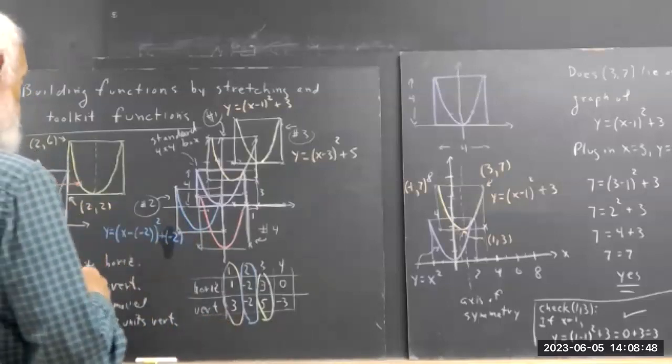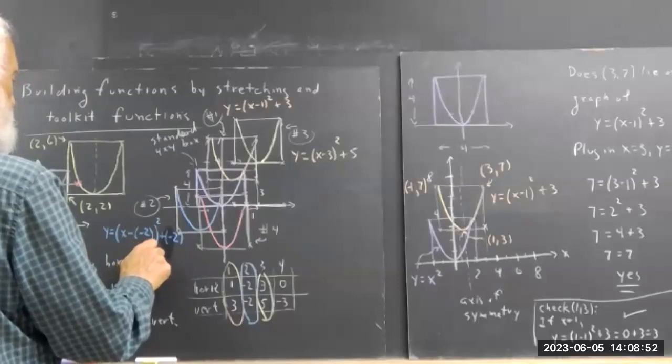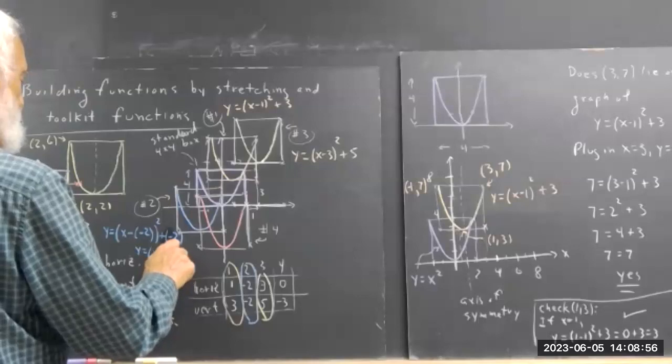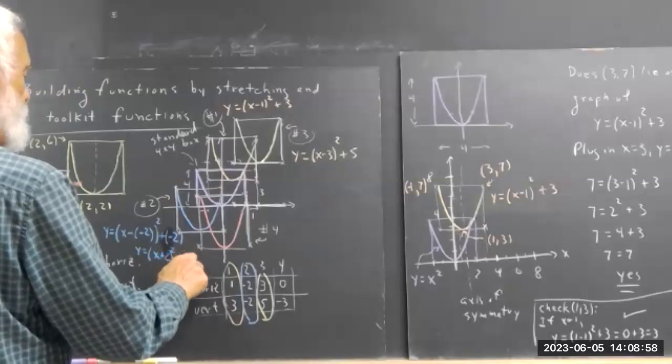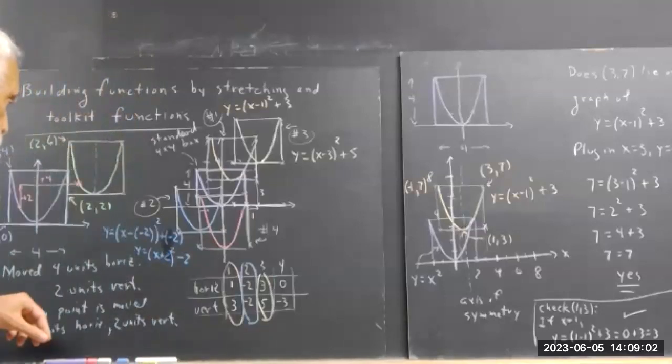Now we can simplify that because x minus -2 is x plus 2, and plus a -2 is just a -2. So there we have that.